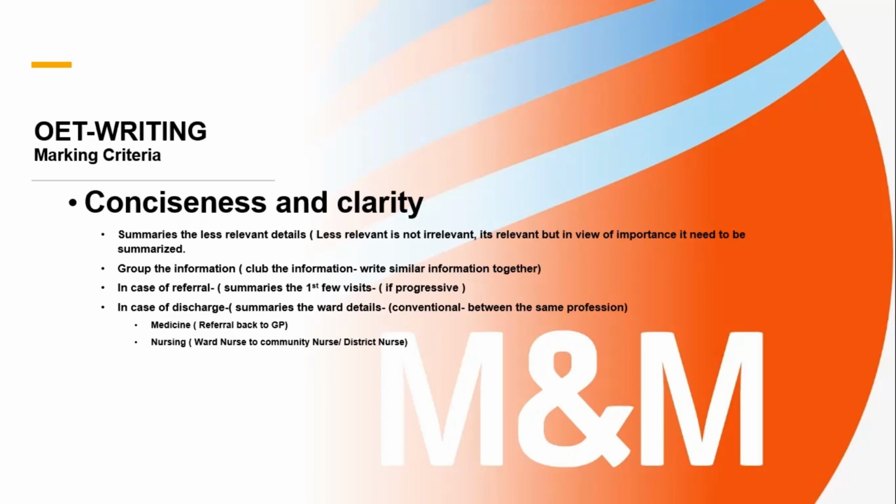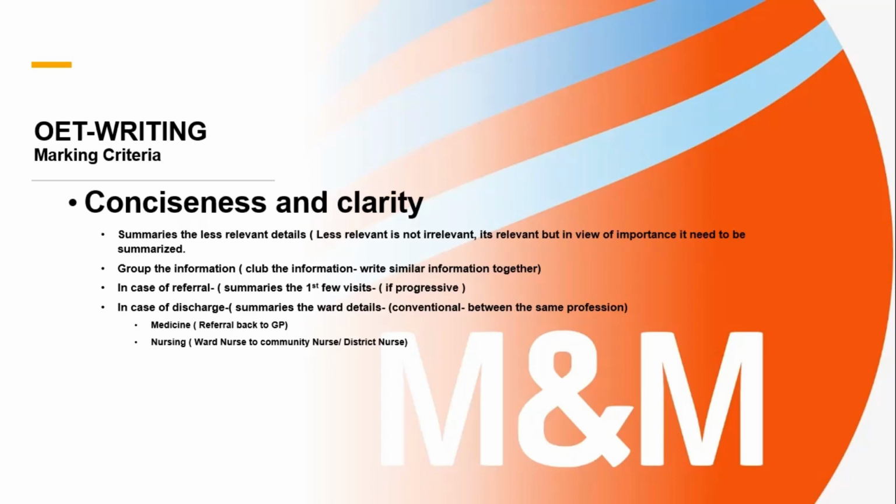Number two, if you have summarized the less relevant detail. And then if you have grouped the same or similar information together, you will be more concise and more clear in your letter of OET.